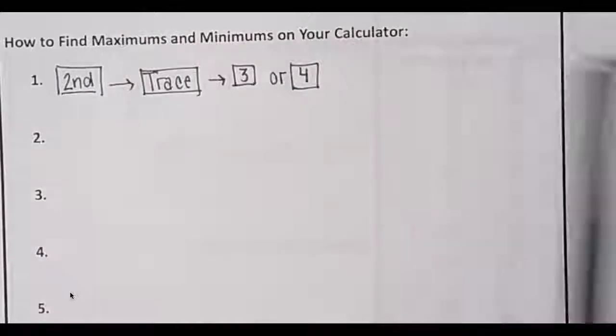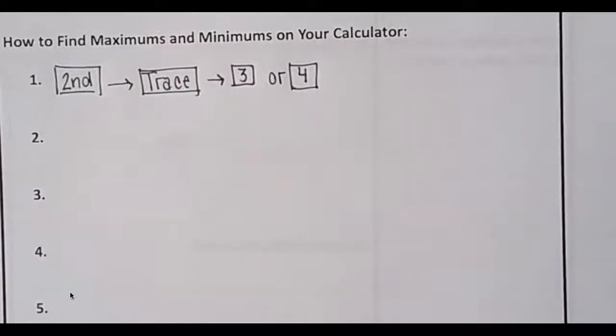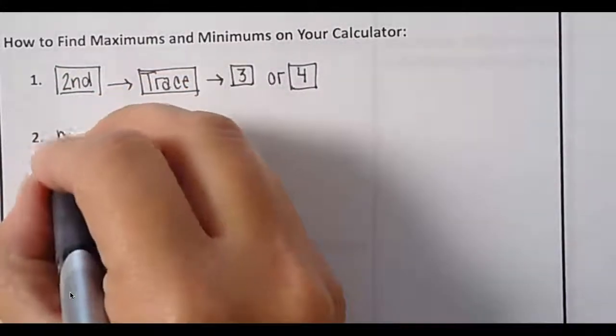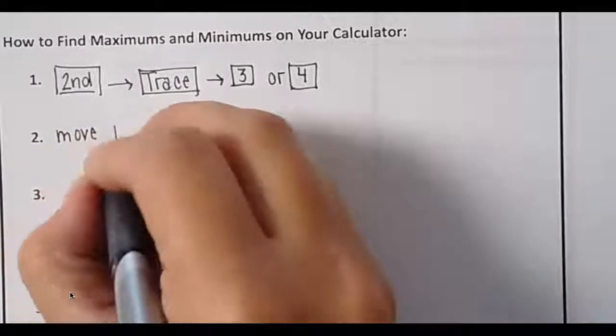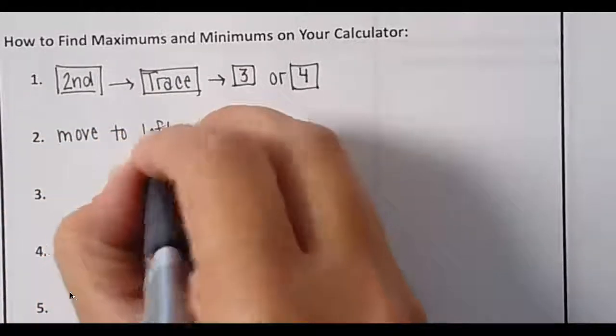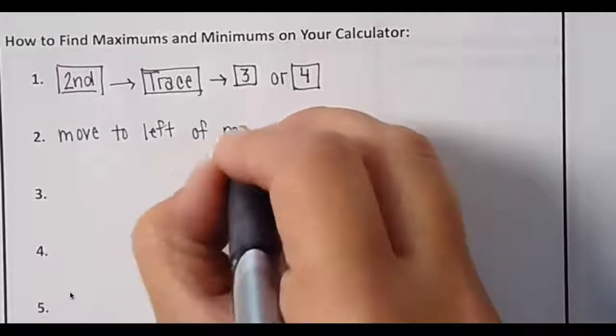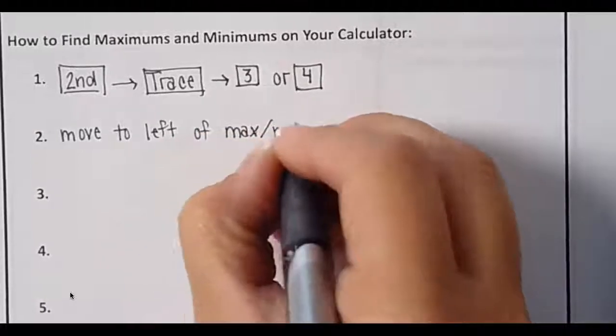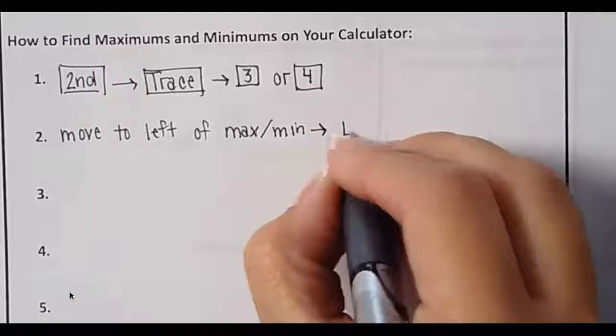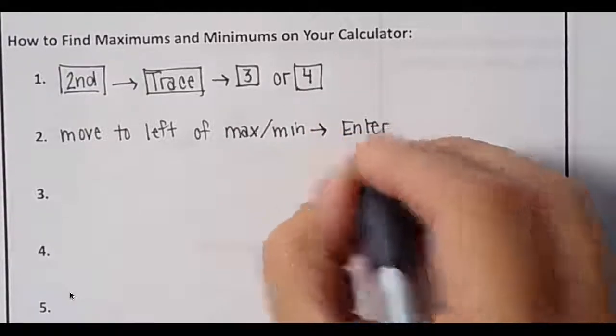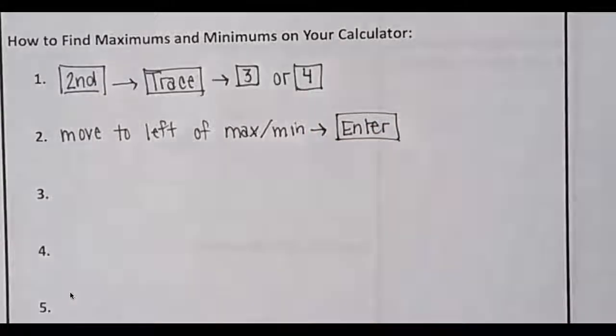Now pause. The next step: you're going to move the cursor to the left of your max or min and hit enter. That says enter.